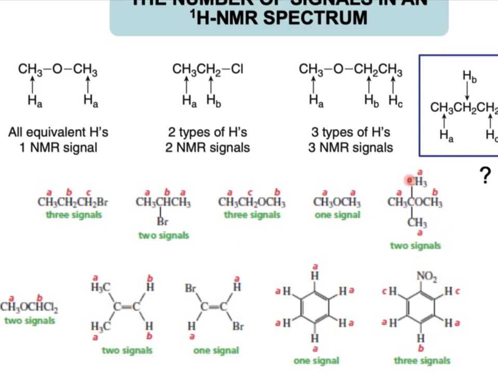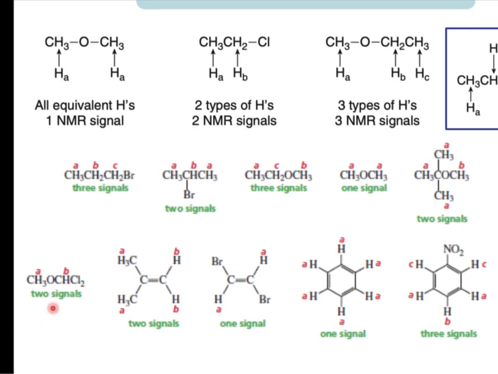Because all these methyls are attached to the same carbon, which is attached to the oxygen. That's why these three methyls have the same chemical environment. And then this CH3 attached to the oxygen has a different chemical environment. That's why it has one and two signals. This compound also has two signals, because this is attached to the CH which is attached to the chloride: one and two. This one is also two signals, because these two methyls are attached to the same carbon, which is attached to this olefin.